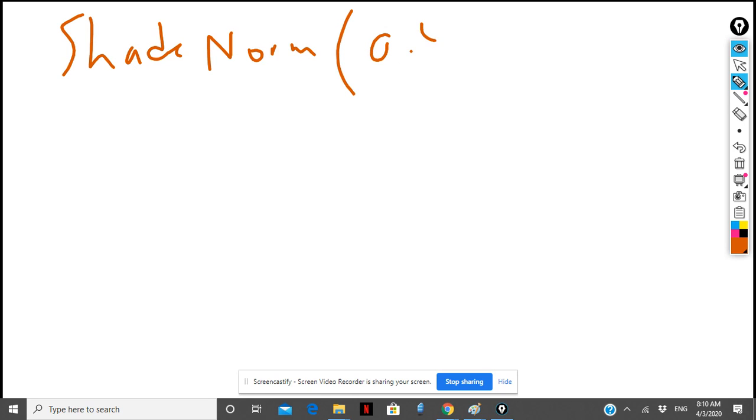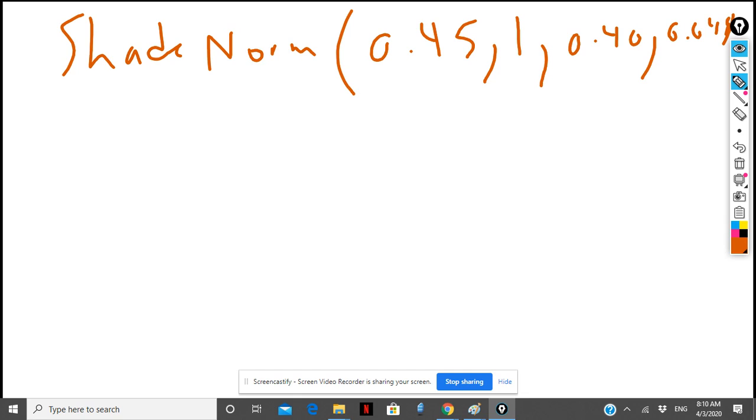The lower limit is 0.45, that's the one we're thinking about, then the upper limit, then the mean 0.4, and the standard deviation 0.049. That's shade norm.